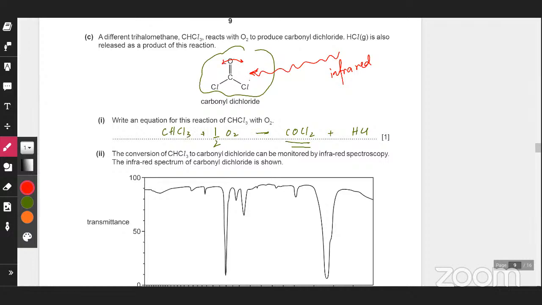They start to vibrate to and fro, not only side to side, but they also stretch and compress. So bonds are not like fixed things. They vibrate and they move to and fro, and they're going to absorb.